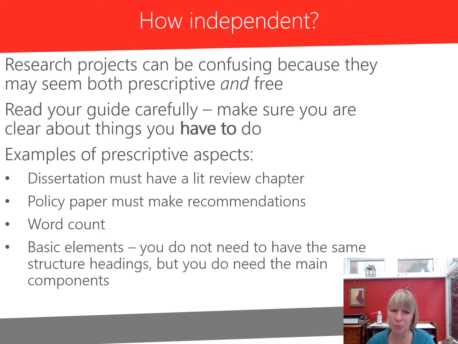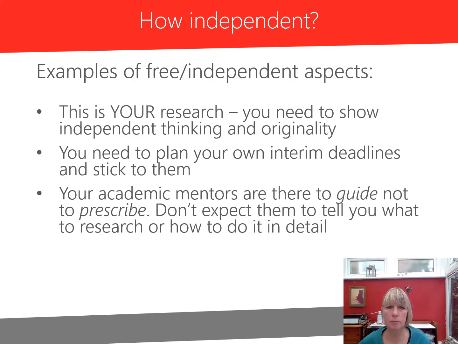You cannot exceed your word count. And then there are certain basic elements that you need to include. You wouldn't necessarily have the same structure headings, but you do need to have the main components within your study.